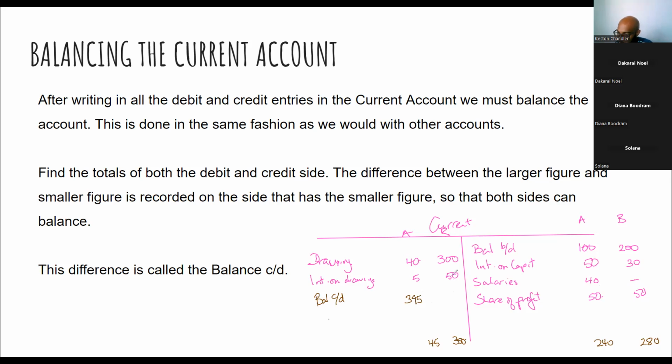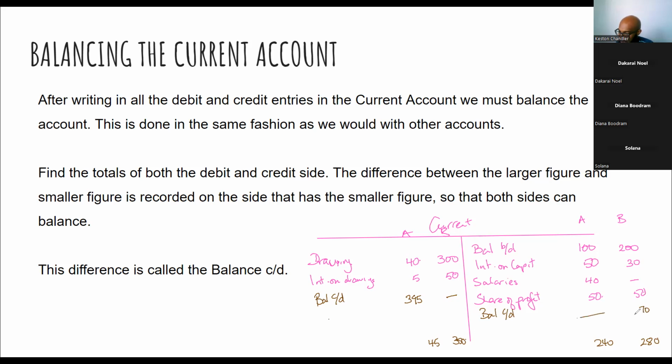I have no balance carried on figure here. Why is that? Because this side is 350, but this side is 280. So I have to put a balance carried on here, because this is the smaller side. So I need 20 to make it 350. So I need 70 here in total.